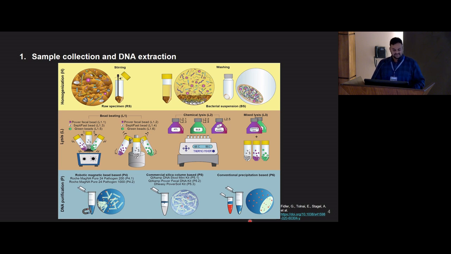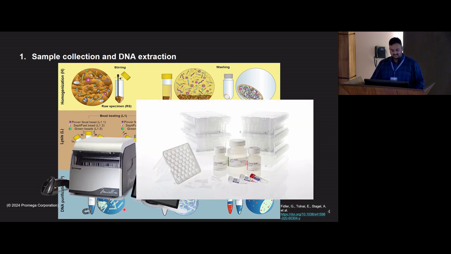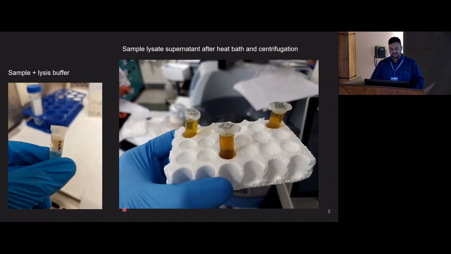And DNA purification could be silica column based, like QIAGEN, or something like the Promega, which has already been discussed by people in the lab in the talks earlier, a magnetic based approach. Everything to get your sample, and then you do quantification, Qubit, NanoDrop, and then you go ahead with the PCR. These are the machines and the kit that you could use.